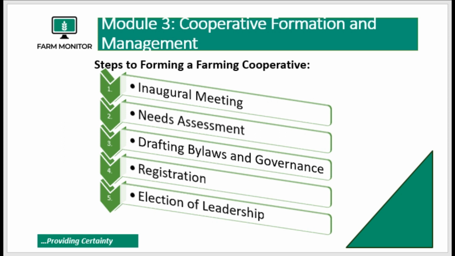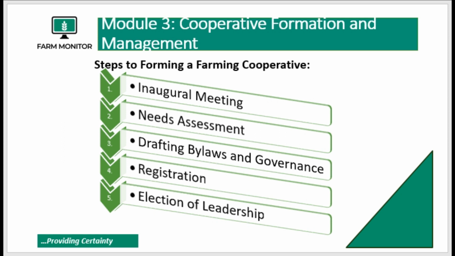It will be also essential to go to the next step, which is a needs assessment. Before formalizing the cooperative, it's good to conduct a needs assessment to identify the specific needs, the goals, and the expectations of the members. This assessment informs the cooperative structure and the activities of the cooperative.